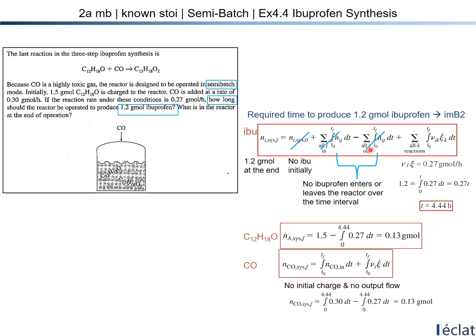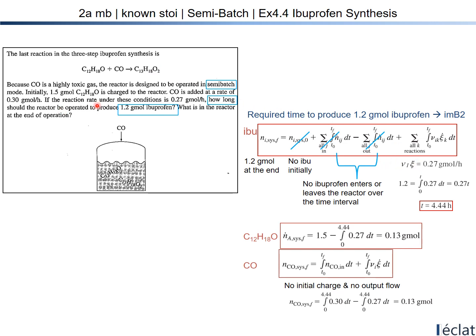No input, no output, and the last term is the generation term: the product of the stoichiometry coefficient of ibuprofen with the extent of reaction, multiplied by the time. So what is the stoichiometry coefficient of ibuprofen in this chemical reaction equation? Of course, plus 1, with xi.